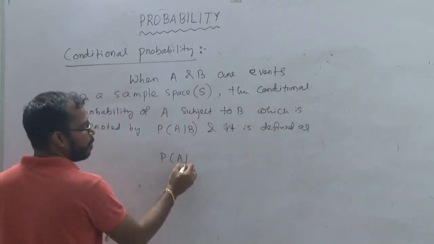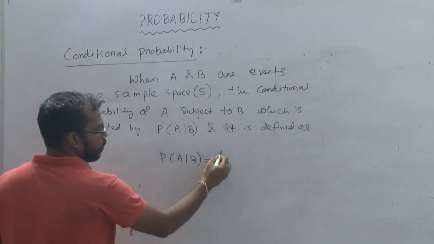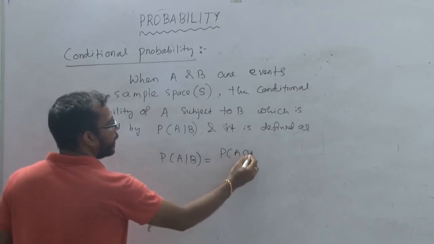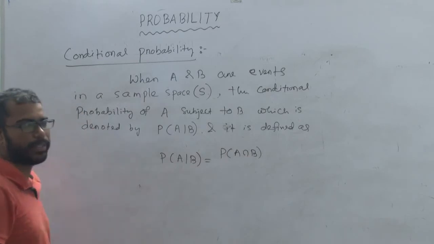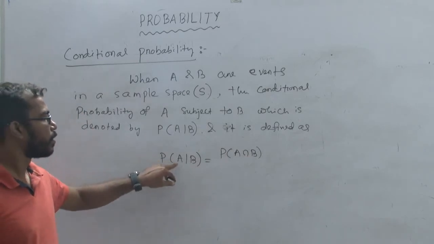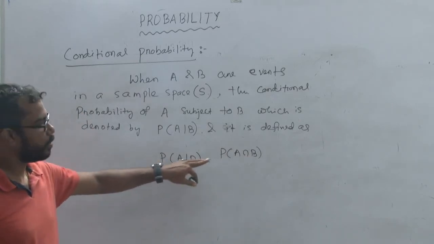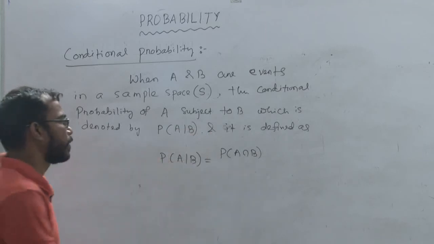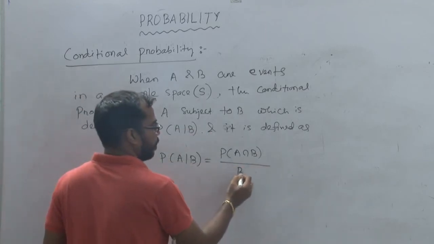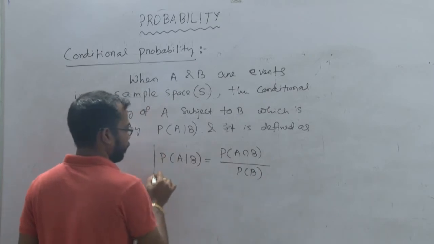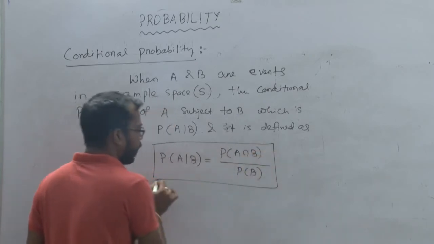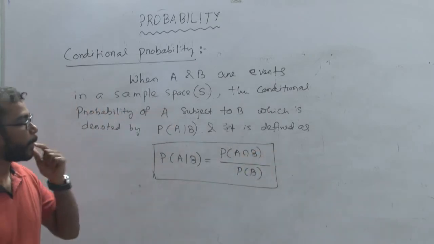Probability of A by B is equal to the probability of the intersection of the two events, A and B, that is intersection of two sets, divided by probability of B. So this is the formula of conditional probability.